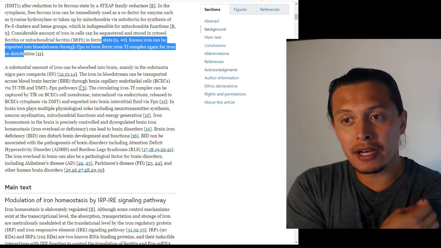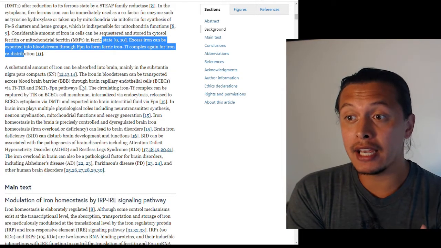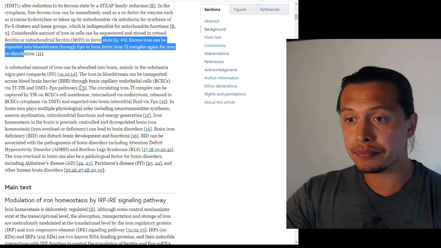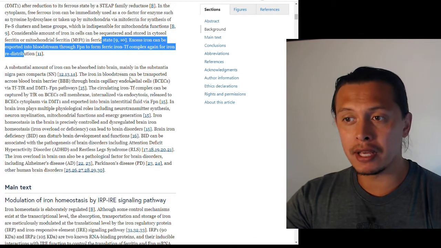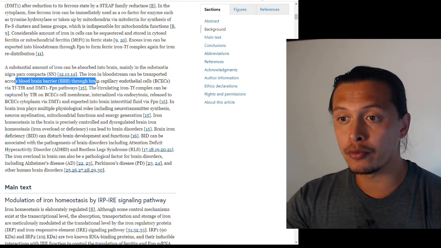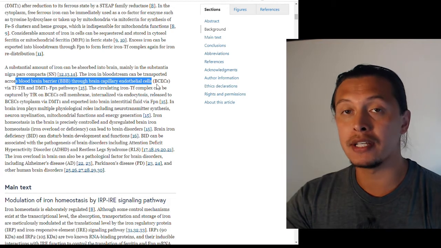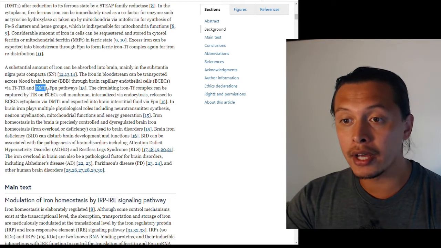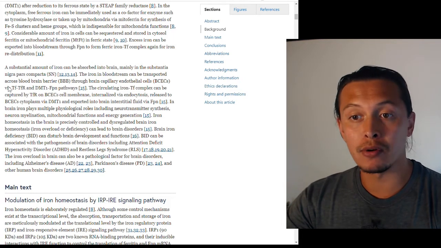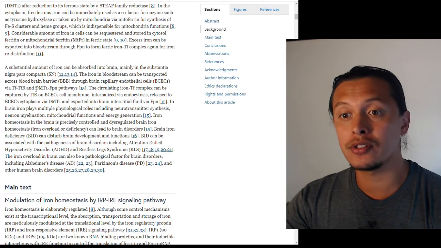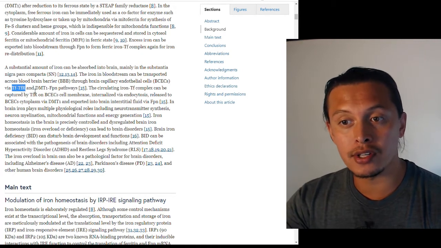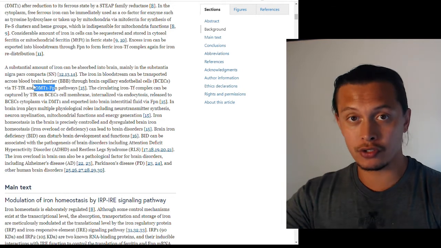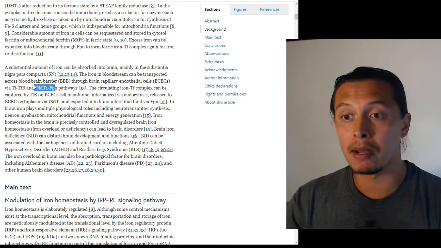Anyways, a substantial amount of iron can be absorbed into the brain, mainly in the substantia nigra pars compacta, also known as the SN. And the iron in the bloodstream can be transported across the blood-brain barrier through brain capillary endothelial cells, or BCECs, through the transferrin receptor and the DMT1 ferroportin pathway. Remember, the transferrin and transferrin receptors use endocytosis, and the DMT1 ferroportin pathway is just pumping it through the cellular membrane.